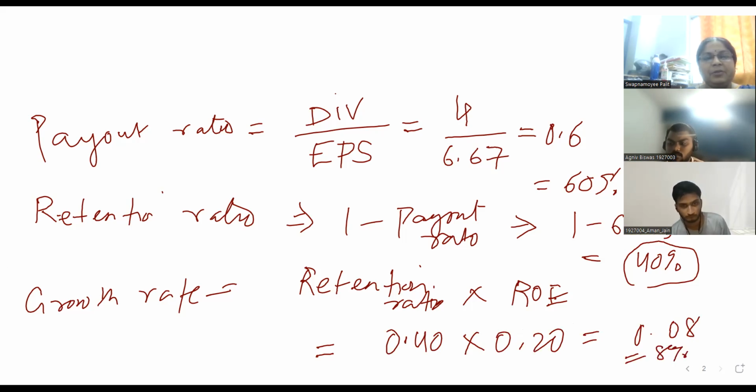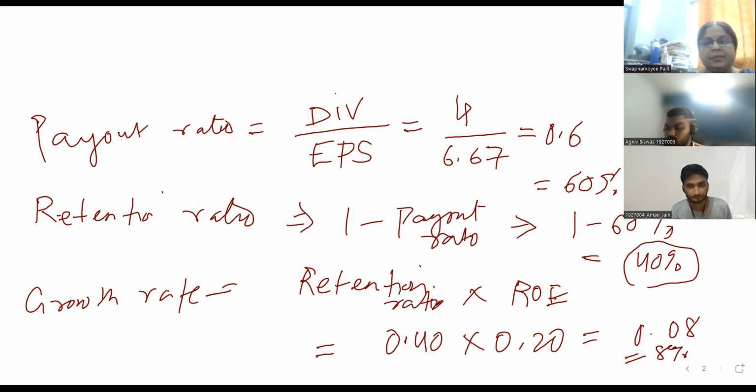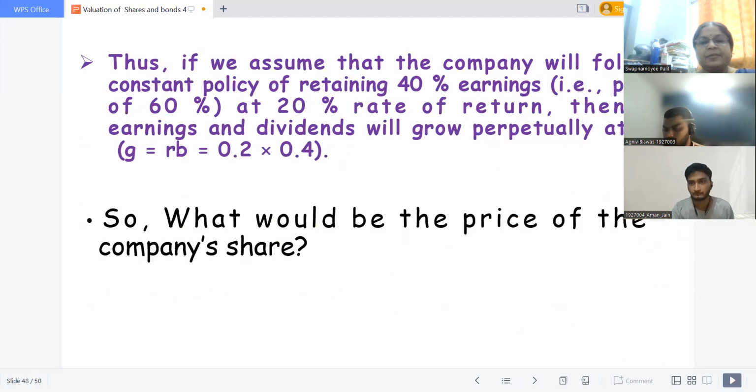Aman has just passed on this slide to you. So next is, thus, if the company is following a payout ratio instead of just retaining everything, then you can see that it shows further growth for the company. Now, what should be the price of this share of this company?